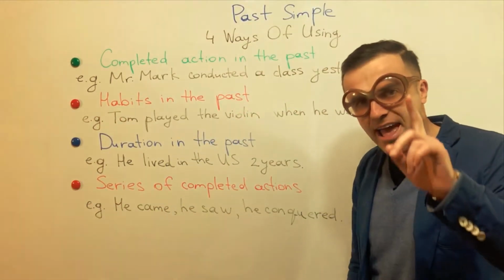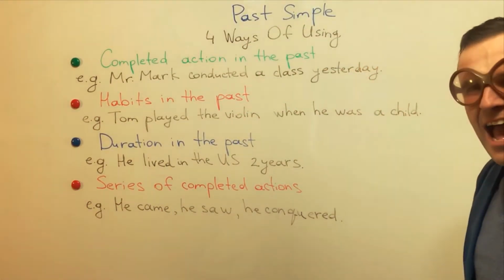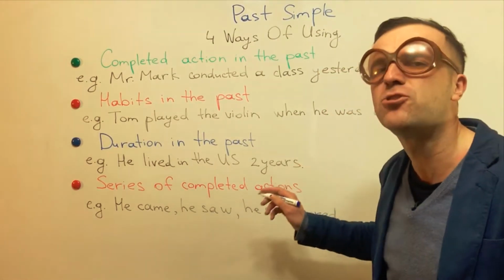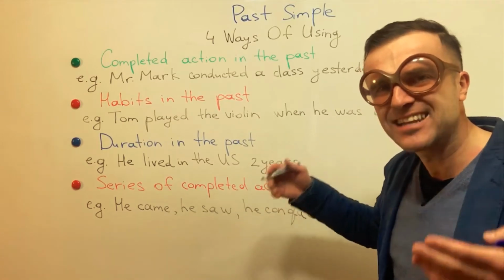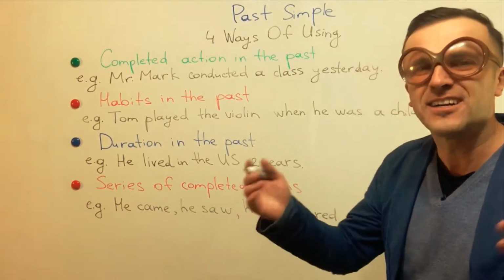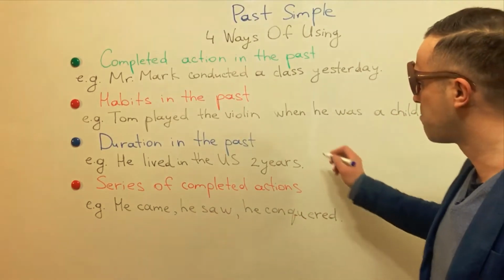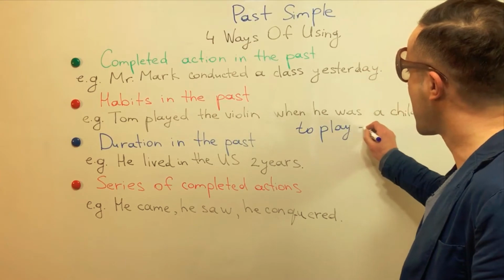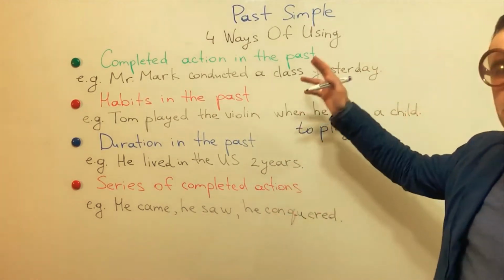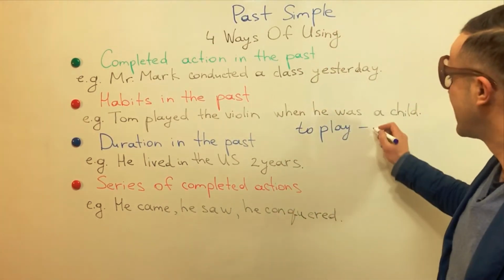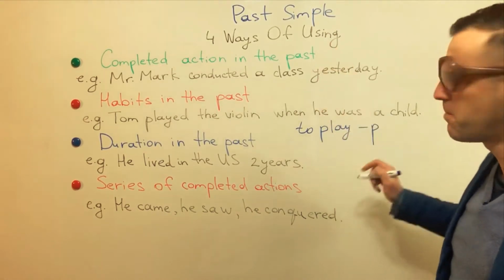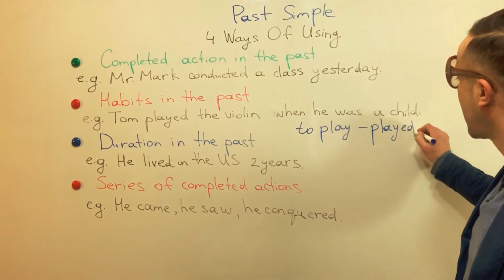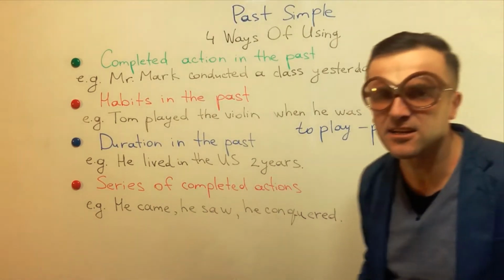But for regular verbs, you have to remember that we have to add the endings -ed or -d to the verb. So, for example, to play, and if you want to form the past simple, it will be played. Okay, played, -ed.